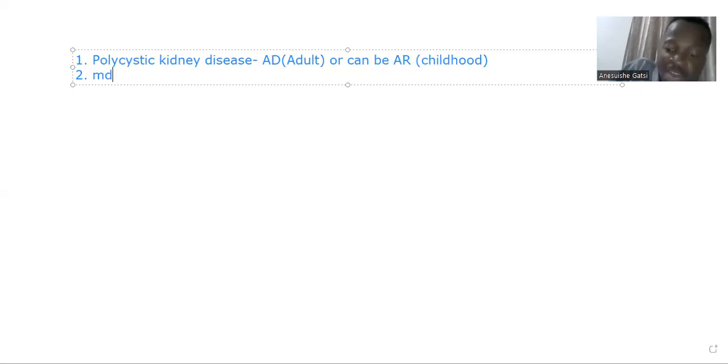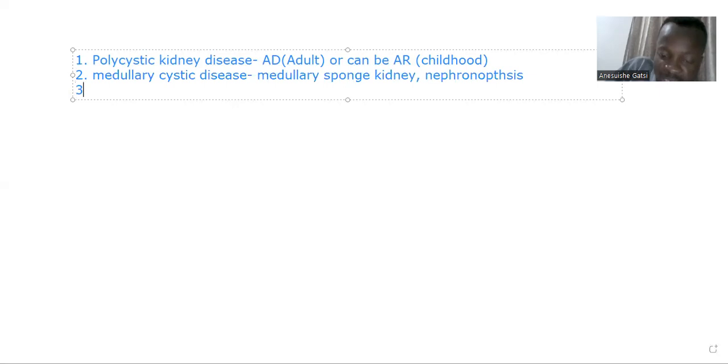Then we have what we call medullary cystic disease. Under this, we usually talk about medullary sponge kidney. We also have what we call nephronophthisis. Then we also have things like renal cysts in hereditary malformation syndromes.